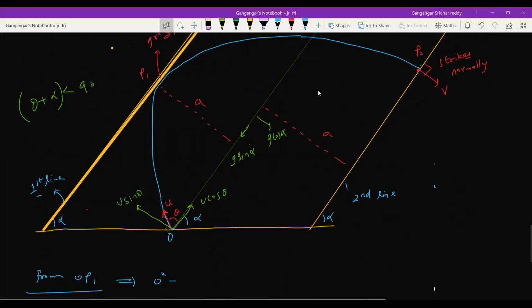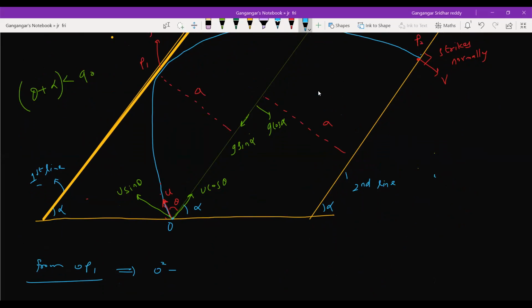Okay, now let's write the equation. 0 squared minus u sine theta whole squared equals 2 times minus g cos alpha times a. Why 0? The velocity component perpendicular to the incline should be 0 because as it grazes, the velocity becomes parallel to the line.